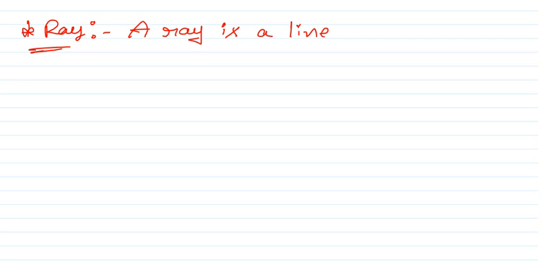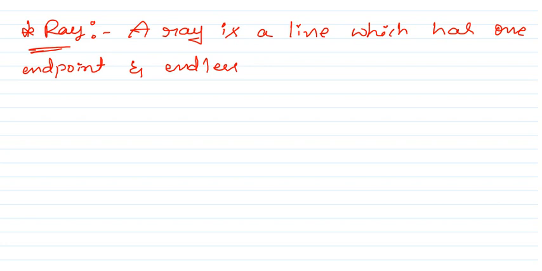Next, the fourth concept is about ray. A ray is a line which has one end point and is endless from another side.